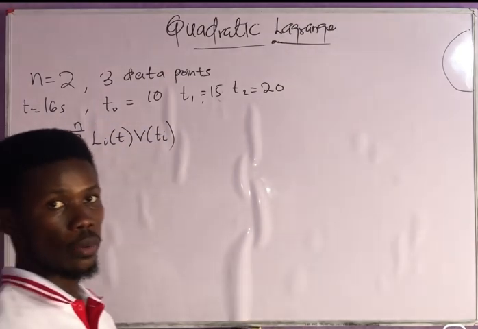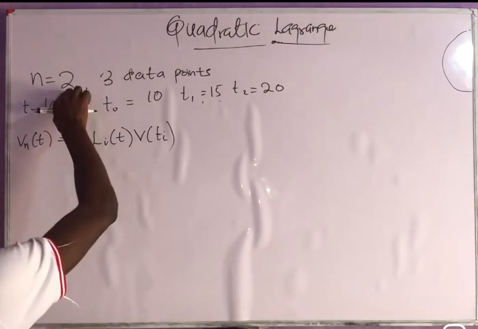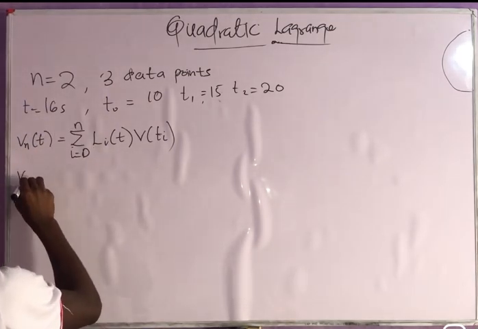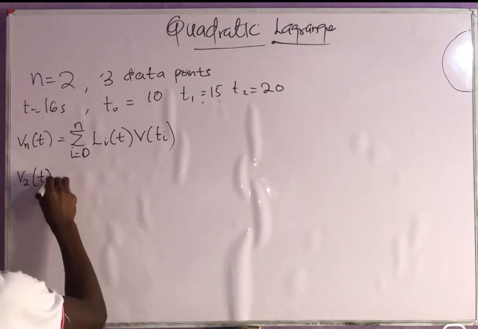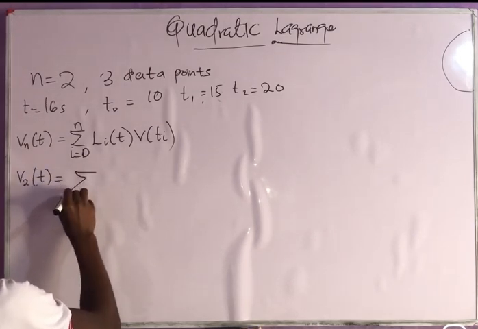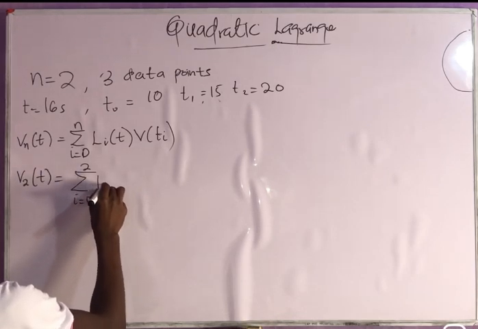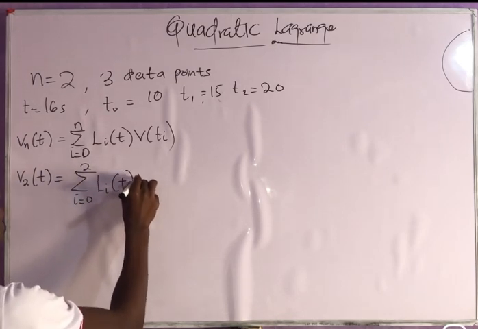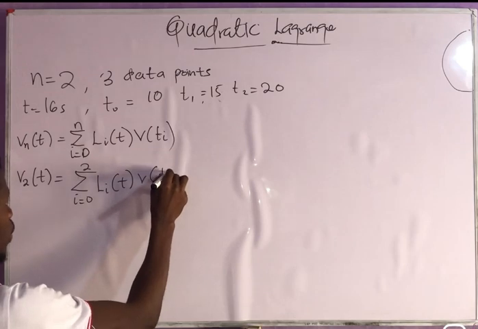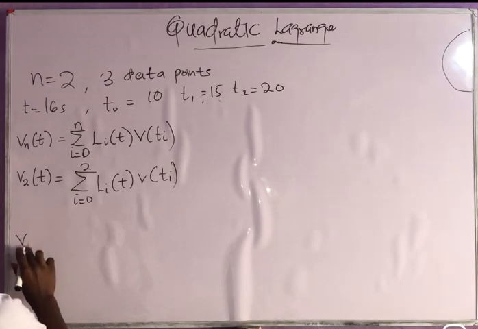This is our formula that we are going to use. But n has been given to us as 2, meaning that I have v2 of t equals the summation, i starting from 0 to 2, of L_i(t) v(t_i). Is that okay?